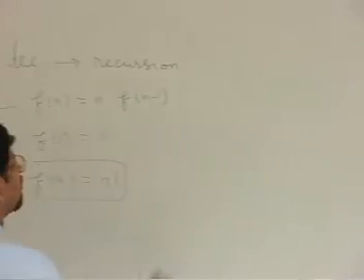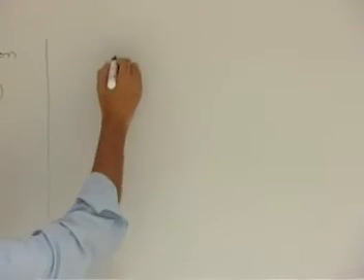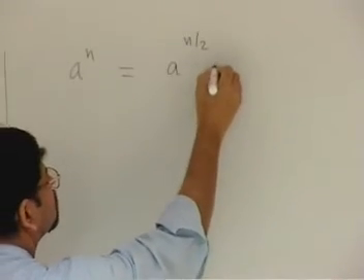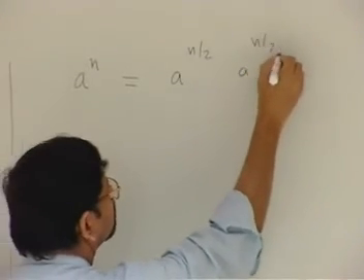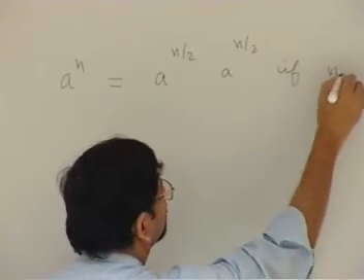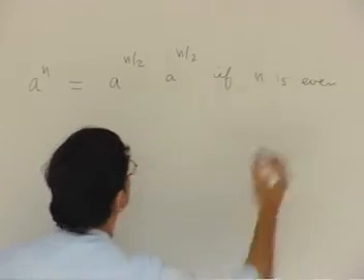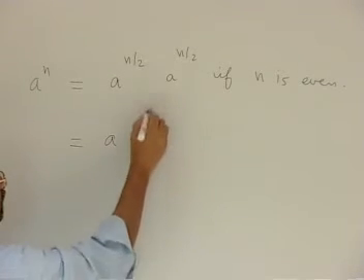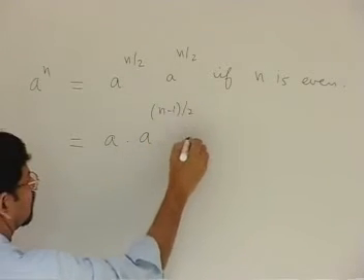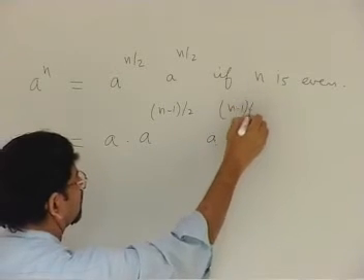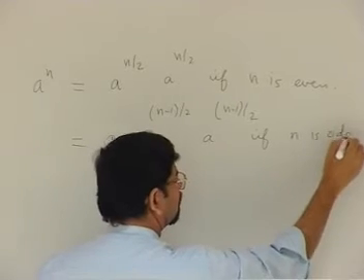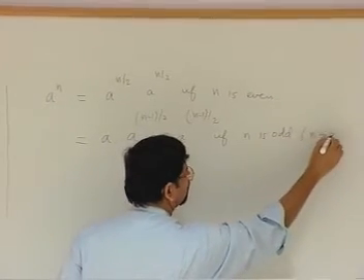In this, if you consider a power n, it equals a power n by 2 into a power n by 2 if n is even. That is equal to a into a power n minus 1 by 2 into a power n minus 1 by 2 if n is odd and n is greater than or equal to 3.